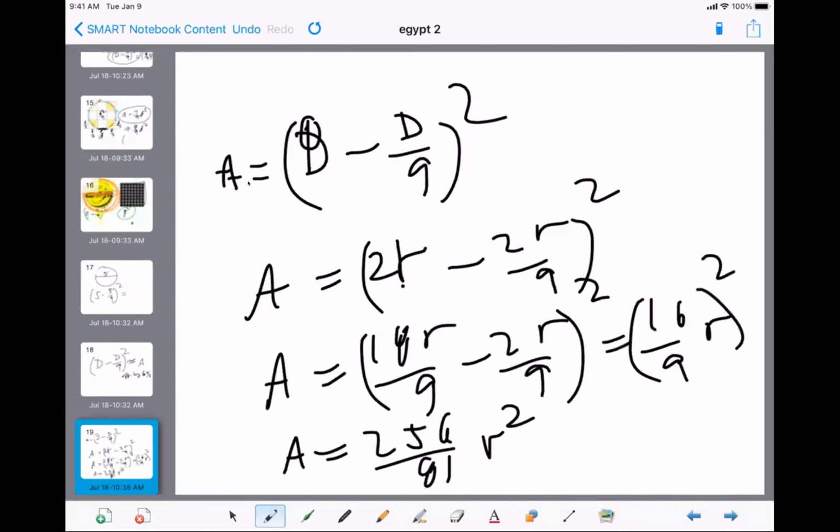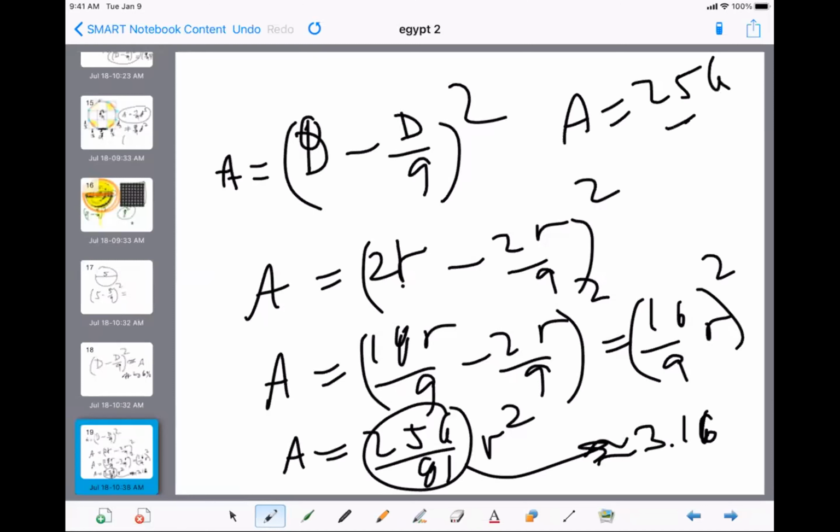It's true. And 256 over 81 is equal to 3.16 approximately. That's true. So it's true that their formula gets you the same answer that you would get if you did A equals 256 over 81 times r squared.